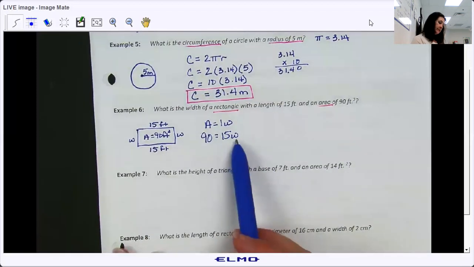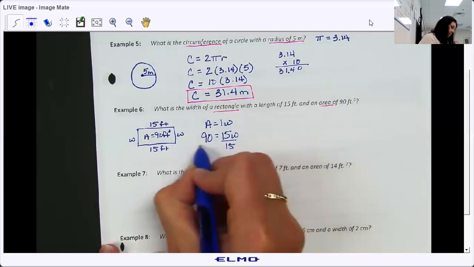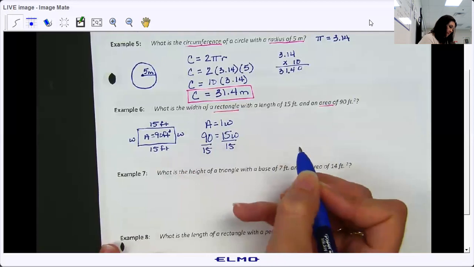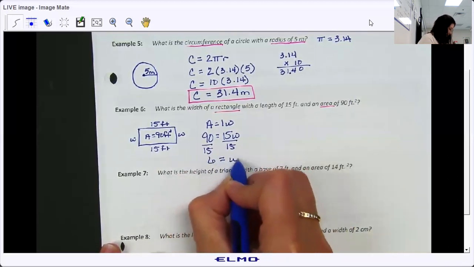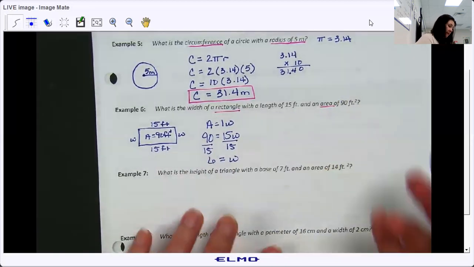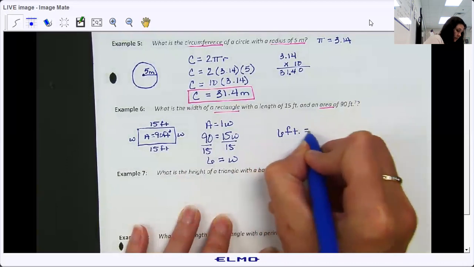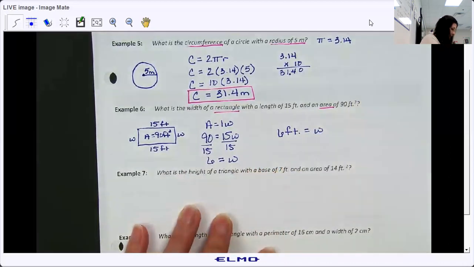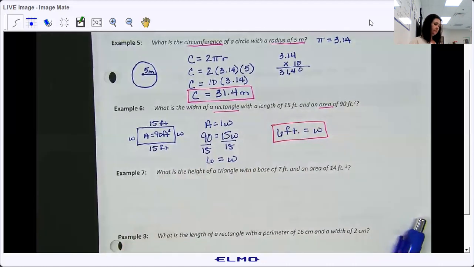We need to isolate that W, and we will do that by dividing both sides by 15. Okay. And then we get 6 equals the width. But again, we want the units. So 6 feet equals the width, right? And then this is your final answer.